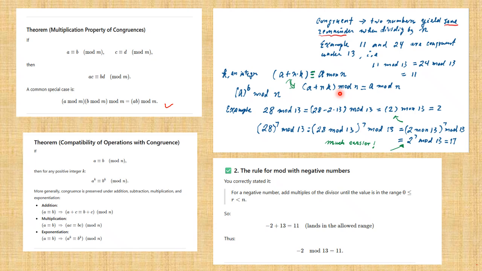Let's apply these two properties. For example, if you want 28 mod 13, you can subtract 2 times 13, that is an integer k times the divisor, and that gives you 2.